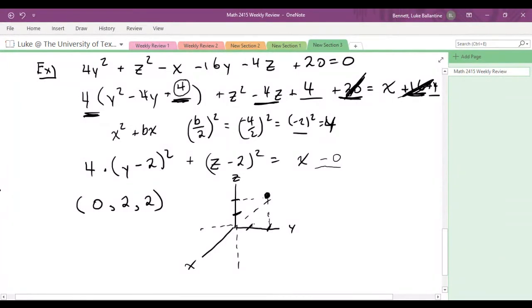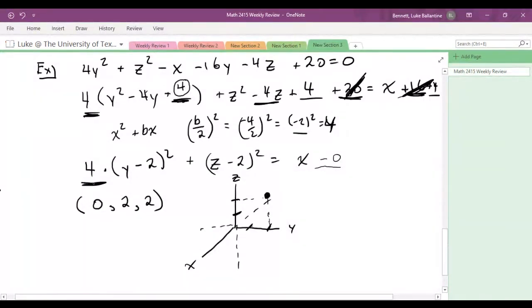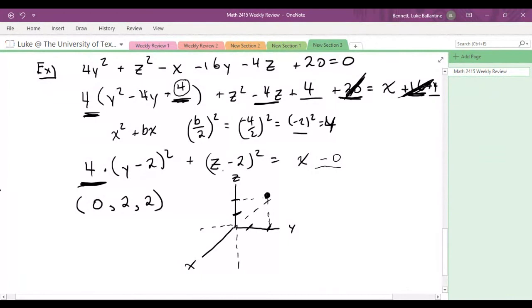And then this 4 right here makes it so that a smaller y input will send it further back in the x direction. Because there's a scaling, right? It's 4 times, and then we have a smaller number in here than over here.